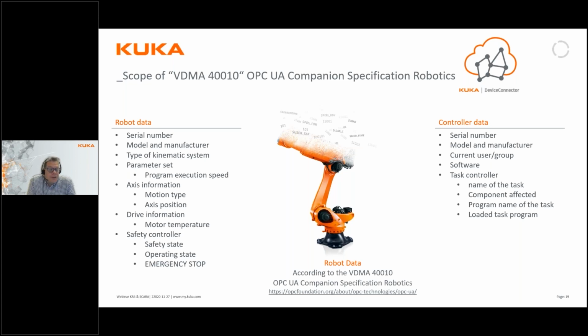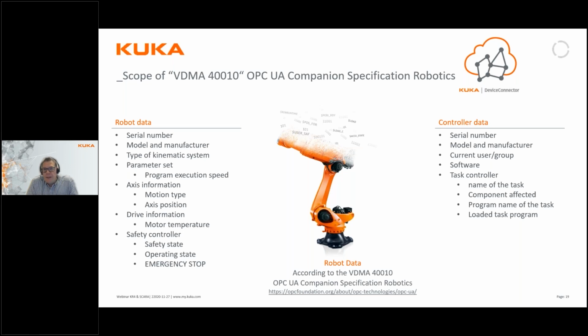And the data points, which are specified in the VDMA standard, are listed as mandatory or optional. That means that the mandatory data points are required of all suppliers which adhere to the standard, and the optional can be provided as an option or are not really required out of the supplier.